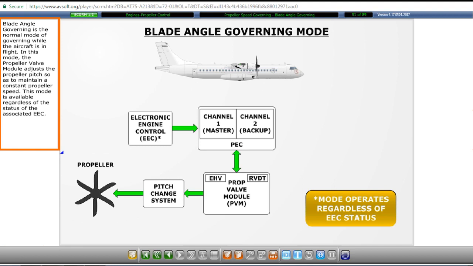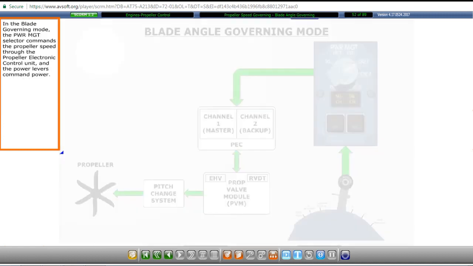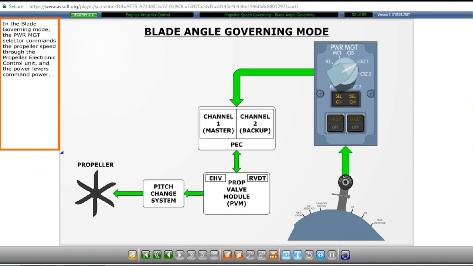In this mode, the propeller valve module adjusts the propeller pitch so as to maintain a constant propeller speed. This mode is available regardless of the status of the associated EEC. In the blade governing mode, the power management selector commands the propeller speed through the propeller electronic control unit, and the power levers command power.